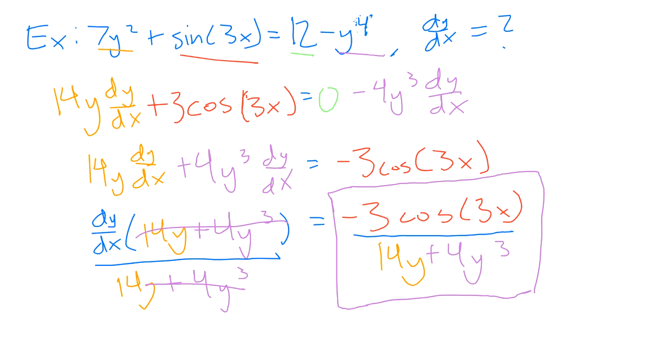Now let's try one last implicit differentiation problem that goes a little bit further. Even if we have an implicit function, that doesn't mean we can't still have a tangent line.